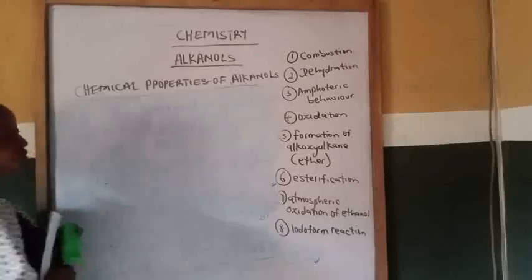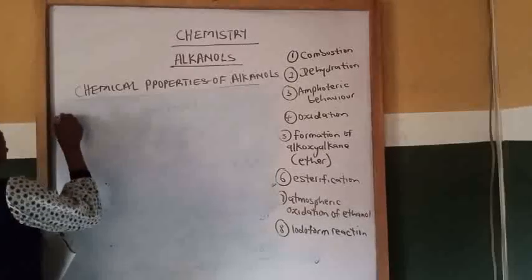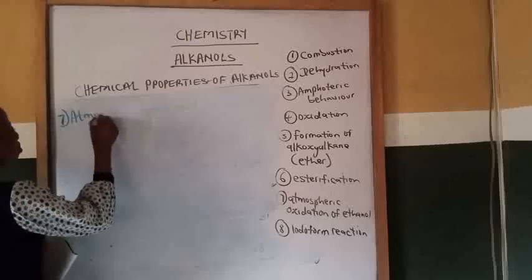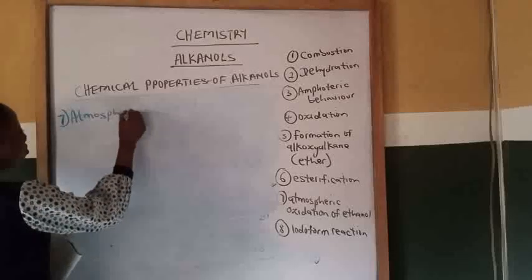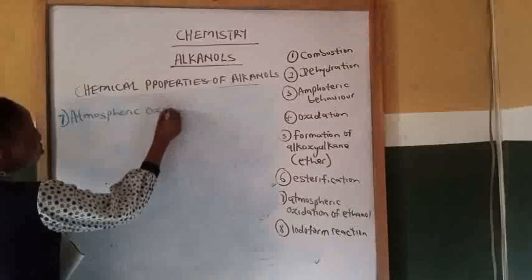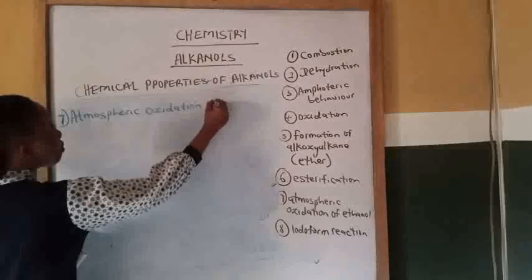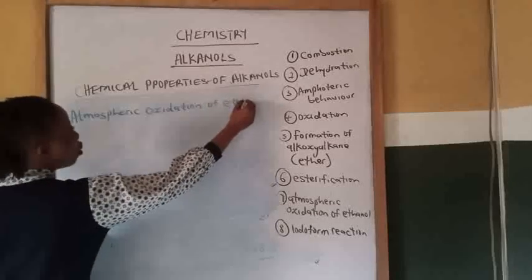Number 7 is atmospheric oxidation of ethanol.